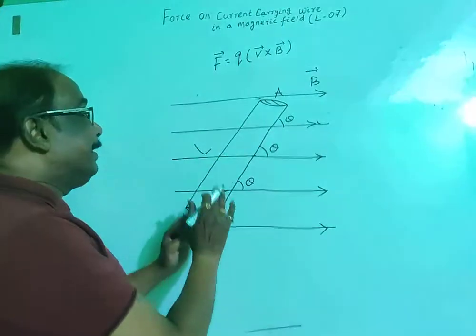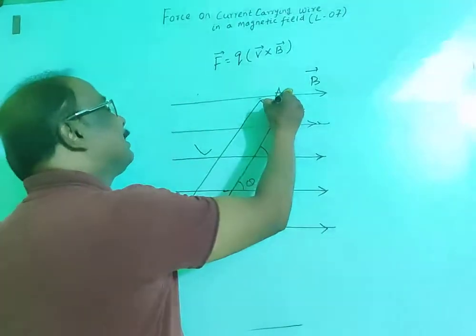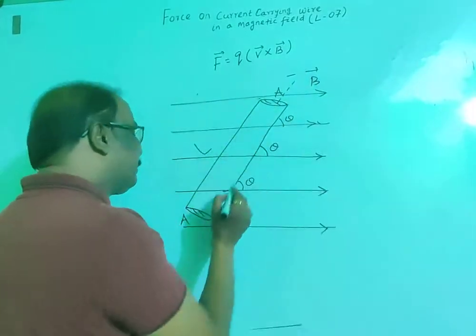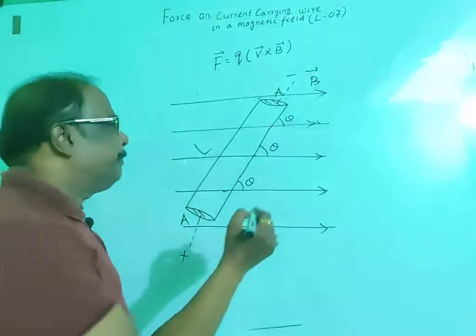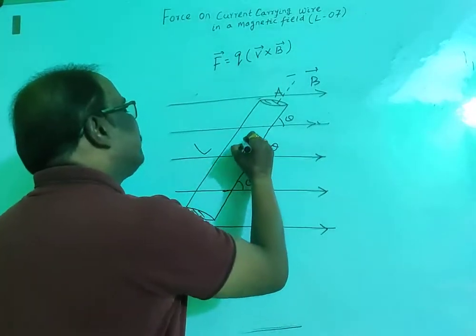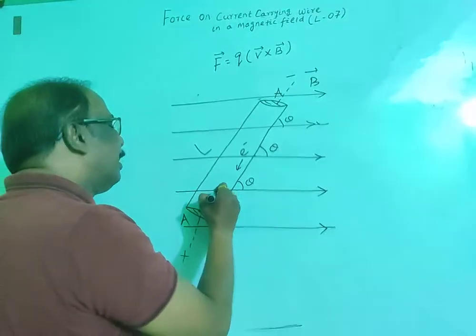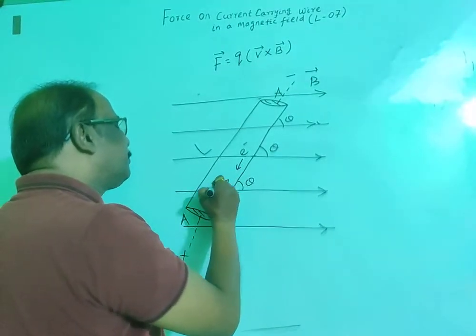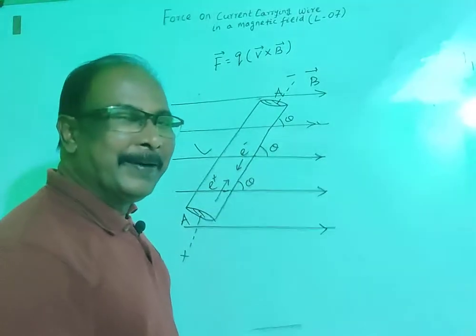So current is flowing in this conductor. This end is connected to the negative terminal and this is connected to the positive terminal. So obviously electrons flow from low potential to high potential, and an equal amount of positive charge flows from high potential to low potential.